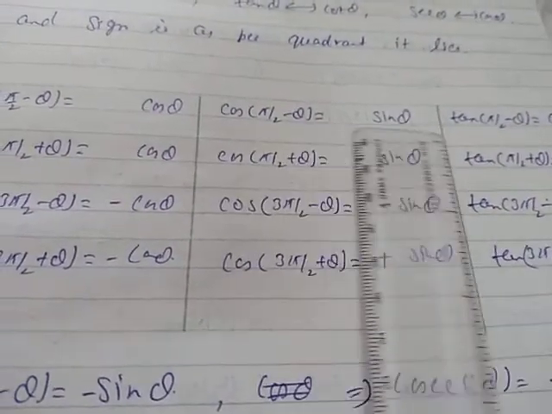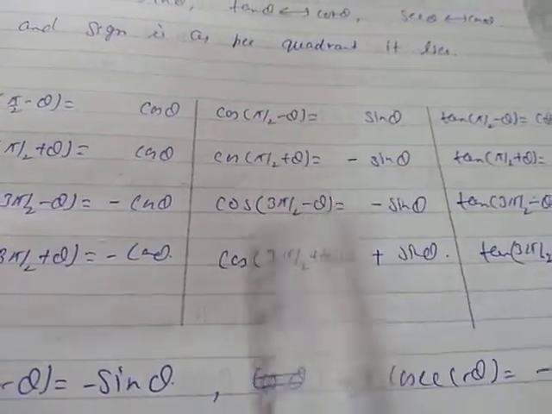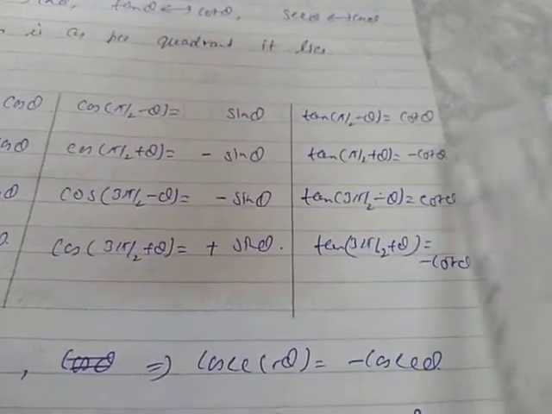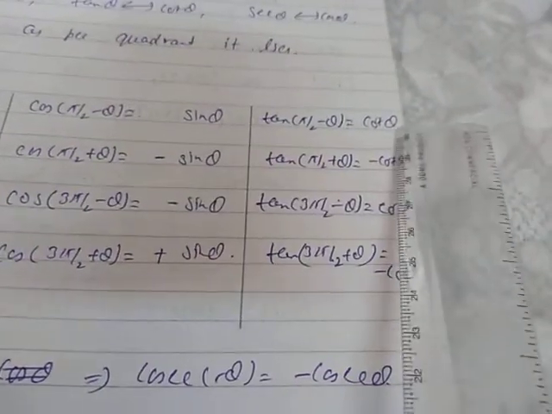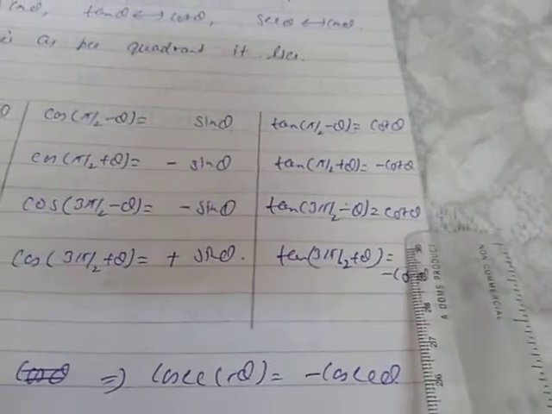This way, cos pi by 2 minus theta is sin theta, cos is converted into sin, and the sign of the value is as per quadrant. Just as for tan, converted into cot, and sign is as per quadrant.